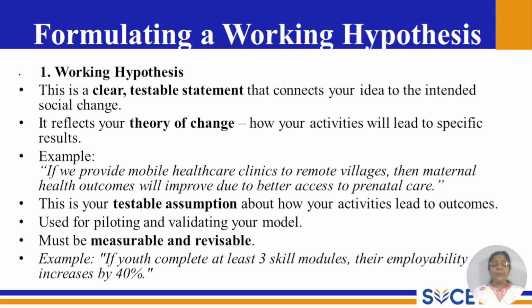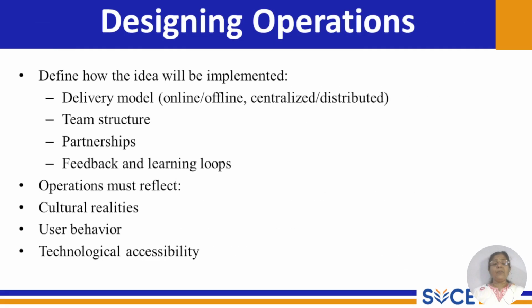For example, if youth complete at least 3 skill modules, their employability increases by 40%. So we are quantifying this. Okay, 3 skills, we are going to improve the employability by 40%. So that is measurable. If it is not able to meet the desired outcome, we can revise. It should also be revisable.